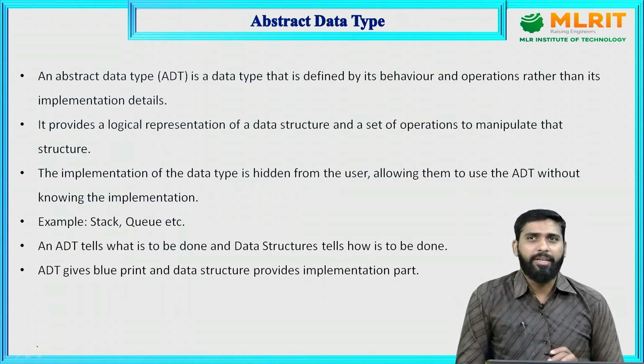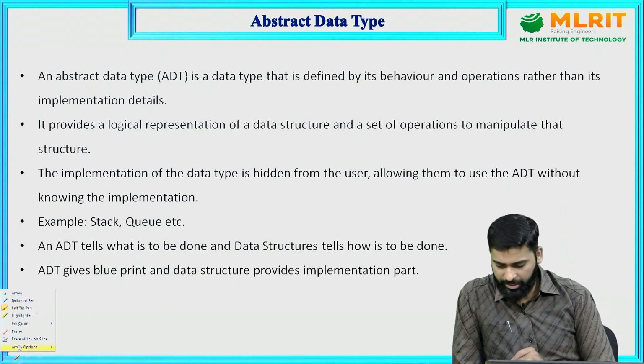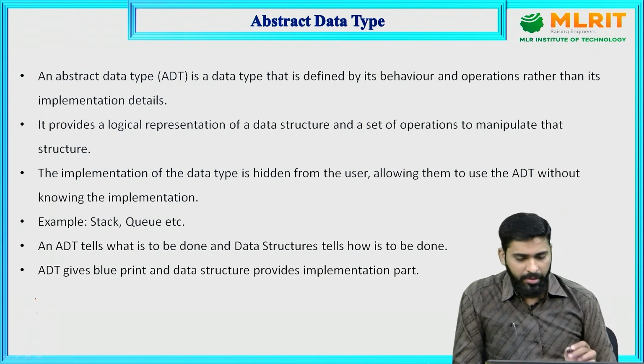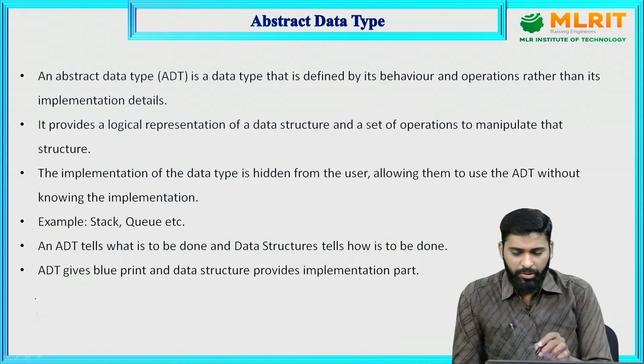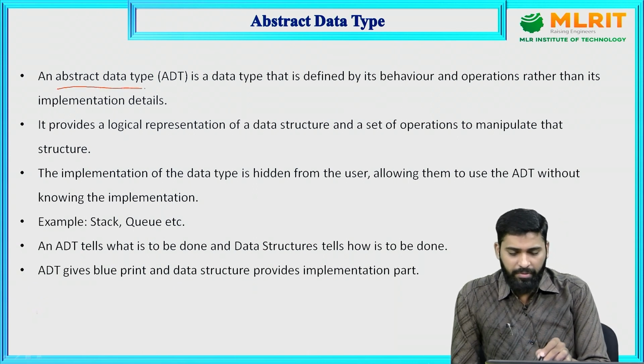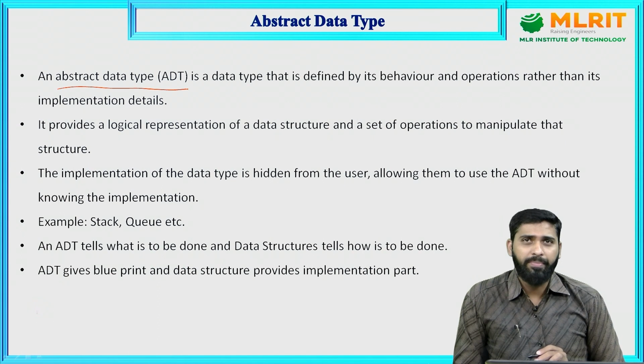Abstract data type. An abstract data type is a data type that is defined by its behavior and operations rather than its implementation details. So what is it? Here we are going to design one abstract data type.